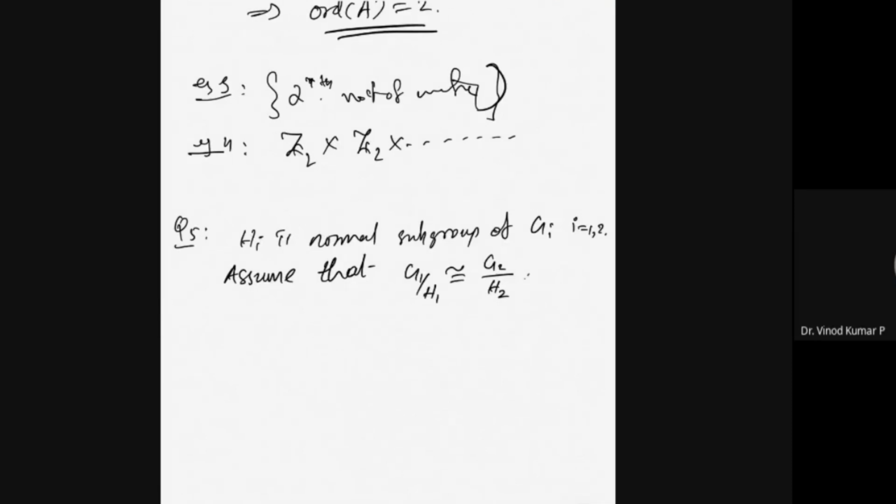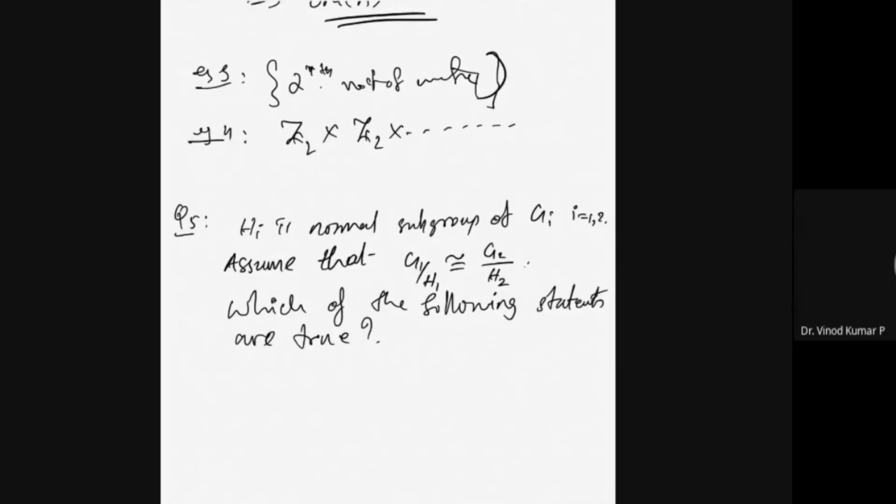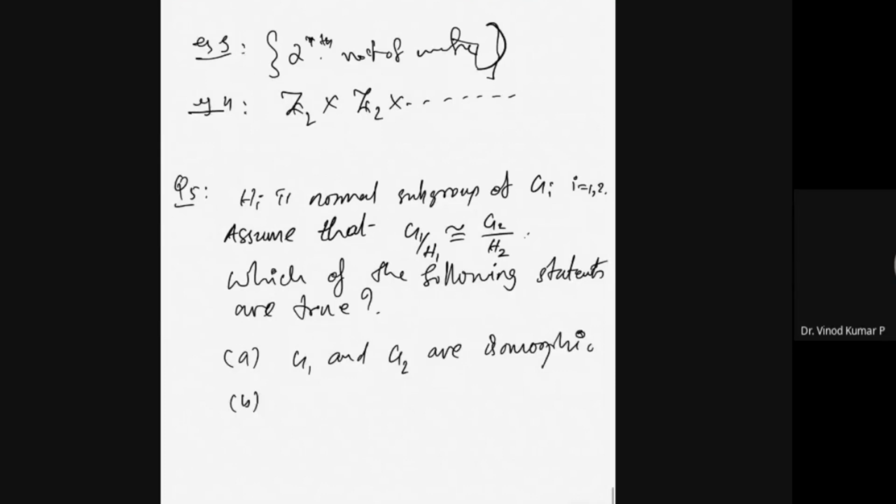Okay, and which of the following statements are true? So the first statement is G1 and G2 are isomorphic. The second is H1 and H2 are isomorphic.